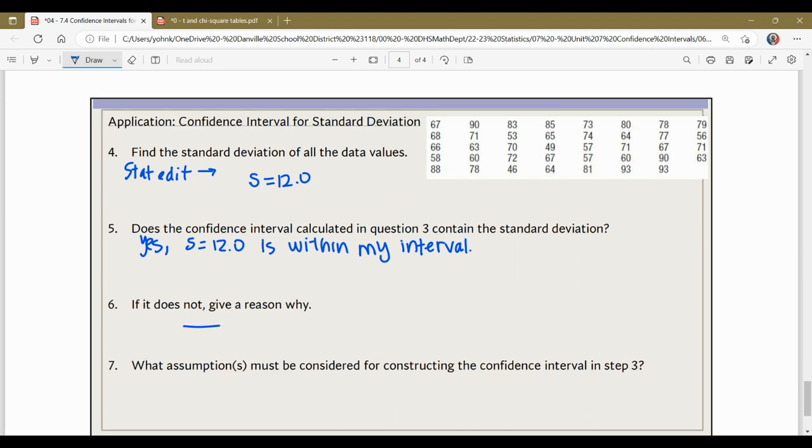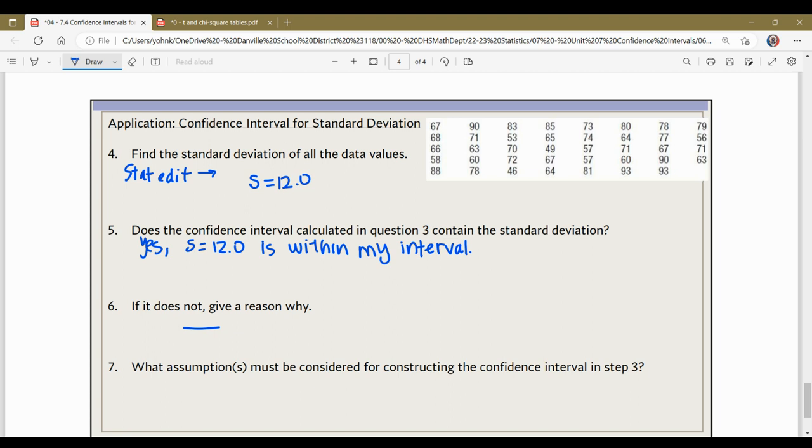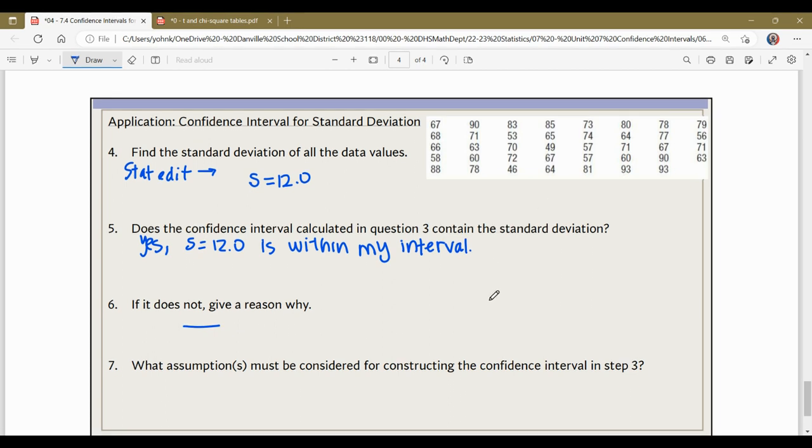Okay, we don't have to do that. What assumptions must be considered for constructing the confidence interval in step 3? Well, the assumptions were that it has to be a simple random sample and it has to be a normally distributed population. So the two assumptions are a random sample. I spelled that wrong.